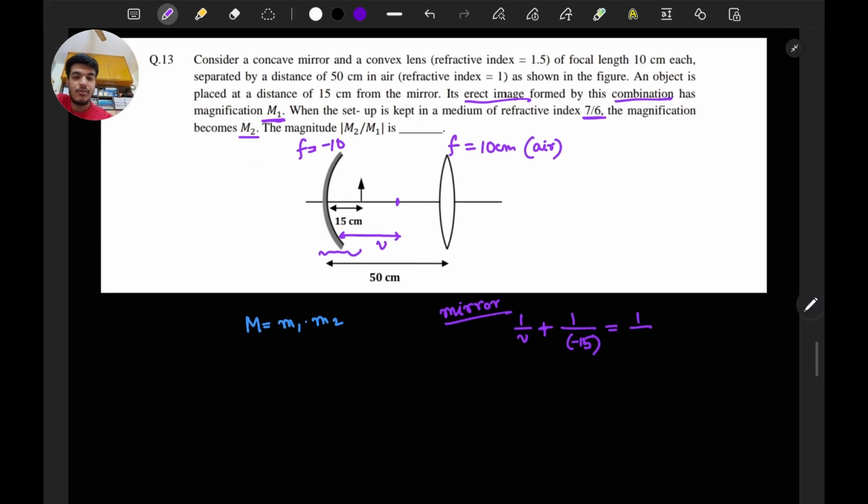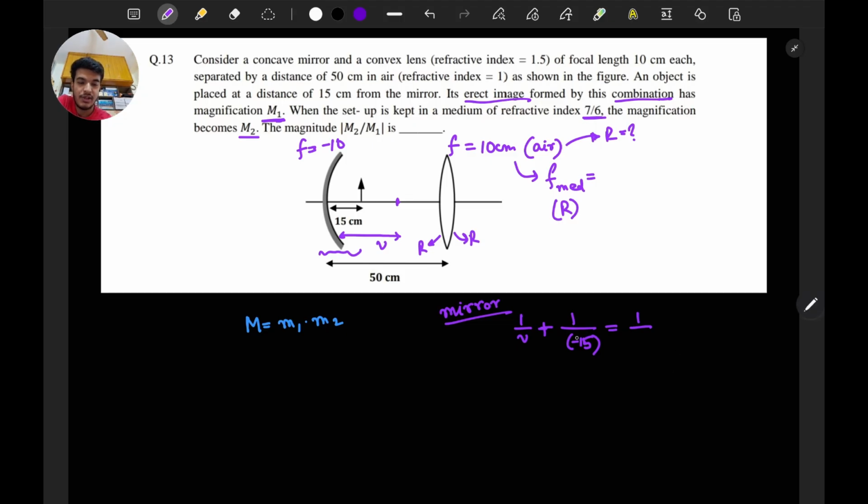For the lens we also need to find f in the new medium which has been given, and for that we need the knowledge of the radius of curvature of this lens, and that we can find out from here. All right, so we have an entire mapping of what we have to do.